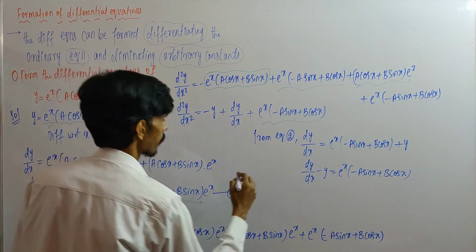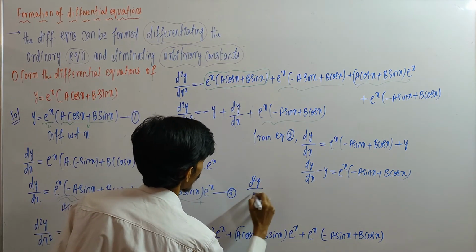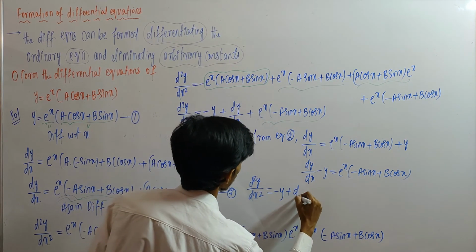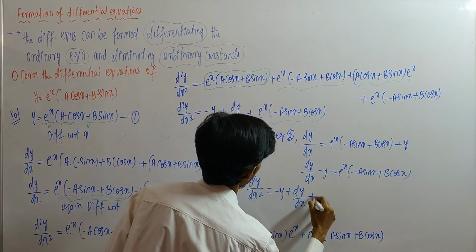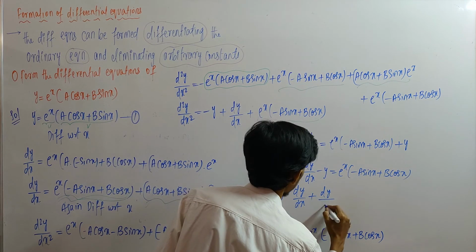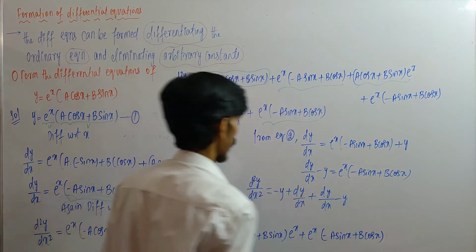So this will become d square y by dx square is equal to minus y plus dy by dx plus the value of this term, dy by dx minus y.